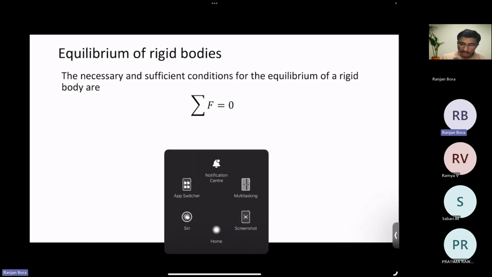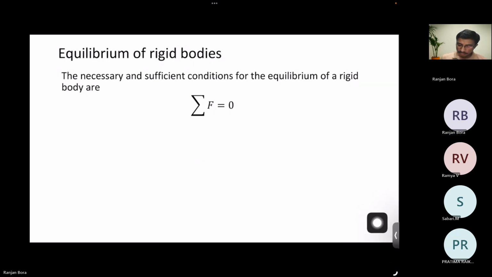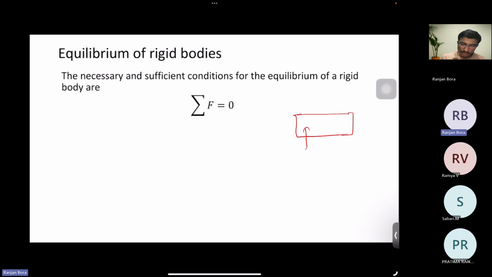For example, here is a body. If a force of 100 Newton is acting on this body, then is the body in equilibrium? Is this body in equilibrium in this condition?